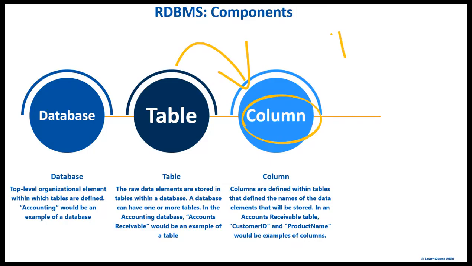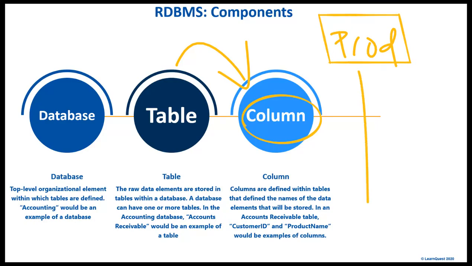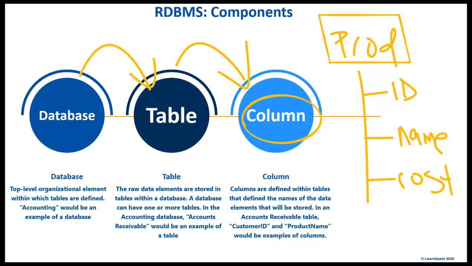If I have a products table, underneath the products table, I may have a product ID column, and a product name column, and a product cost column. Does that make sense? So it goes database, and then tables, and then from tables to columns.